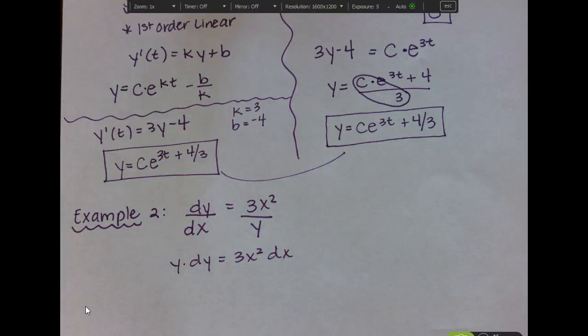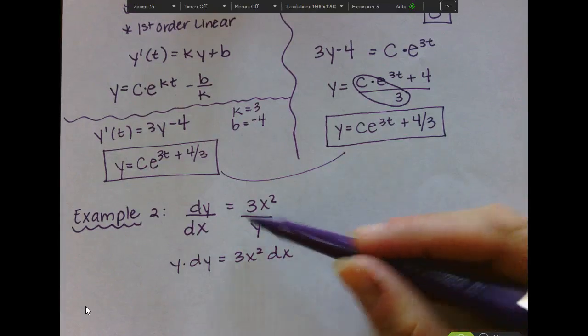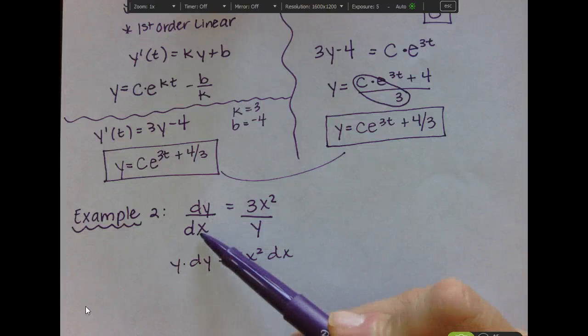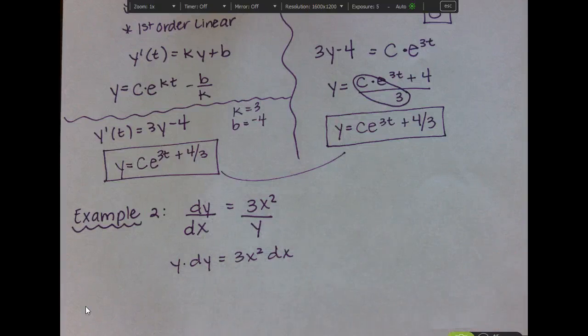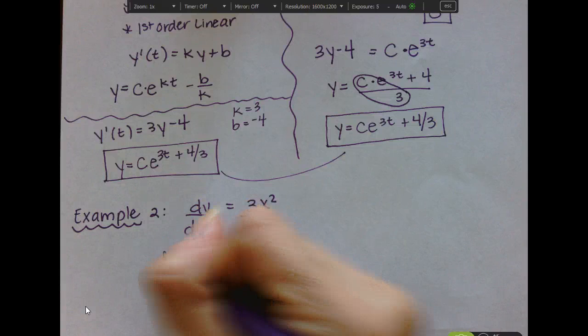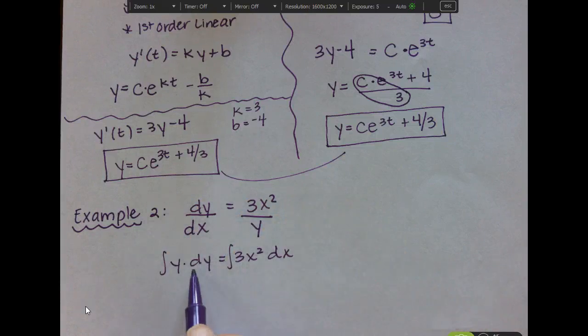And that was pretty easy to do in this problem if I multiply the y over to this side and I multiply the dx over to this side. Once that happens, I should now integrate both sides. It's always a good idea too to check to make sure that your notation ended up in the proper place with respect to the integral that you're trying to take, and that's just fine.